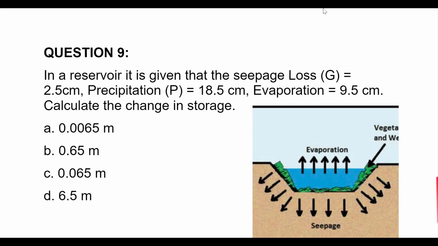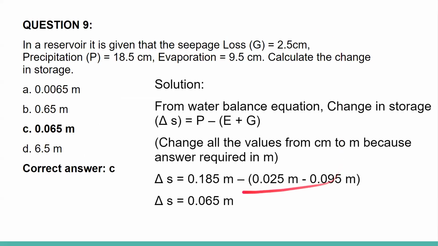But yes, let's see the solution. There we go. Simple water budget equation. Like I said, this is the inflow term and this is the outflow term. We first add the outflow term, which is evaporation and seepage loss, coming to 12 centimeters.